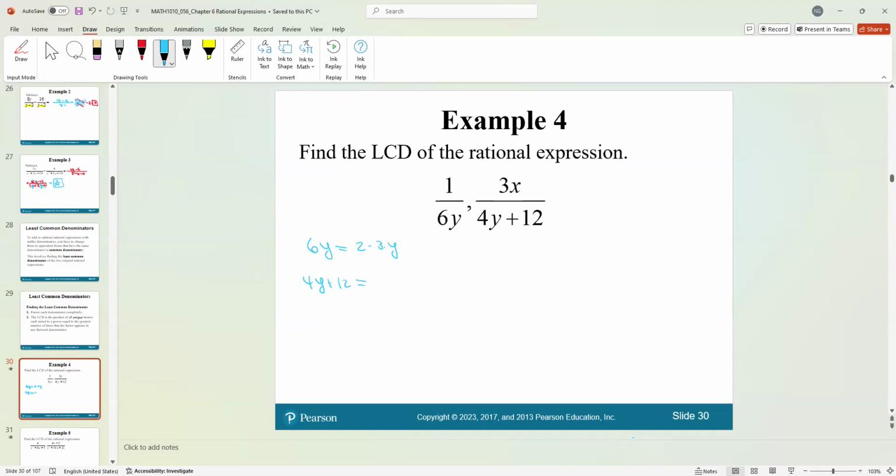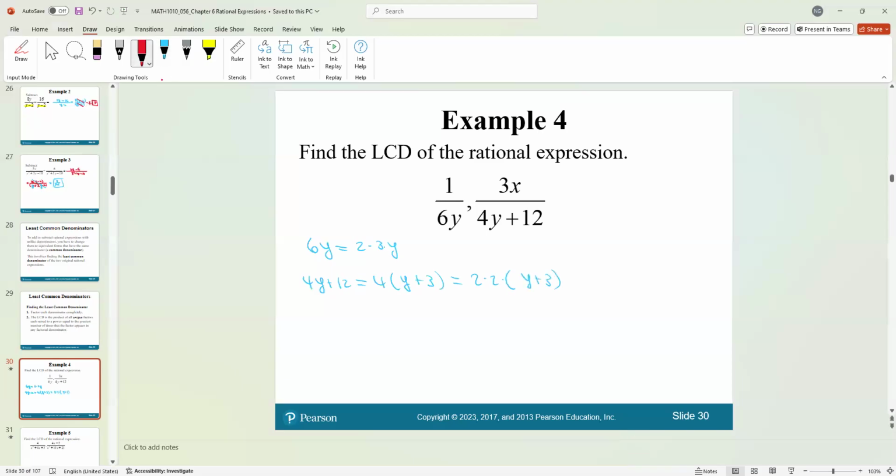First of all, you can factor out 4, and you have y plus 3 left, right? Now, the least common denominator here would be the one with the highest degree. For me, this one is 2 times 2 times y plus 3.